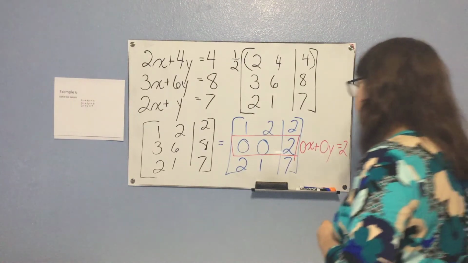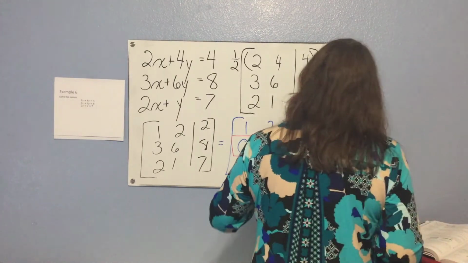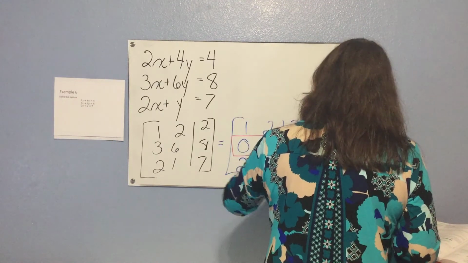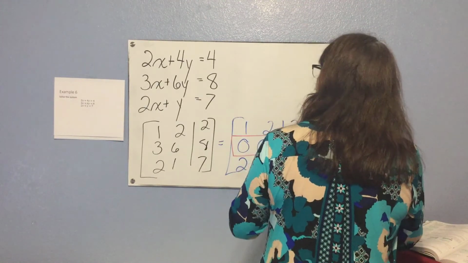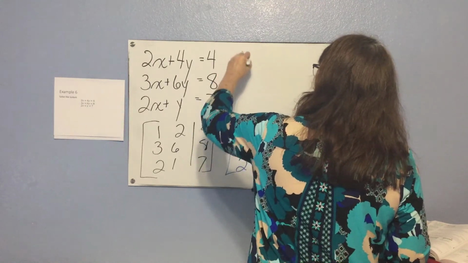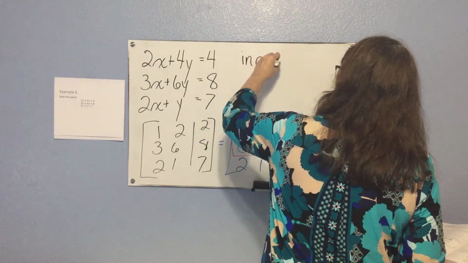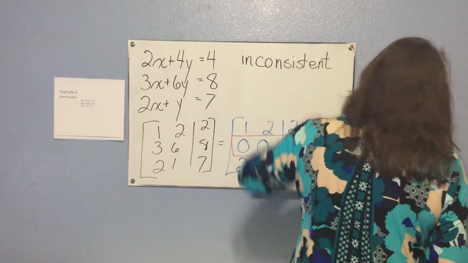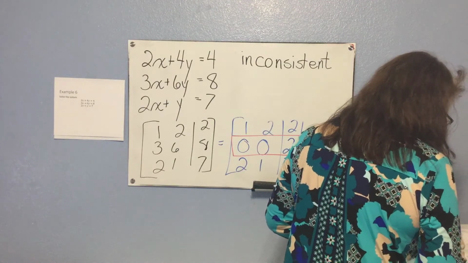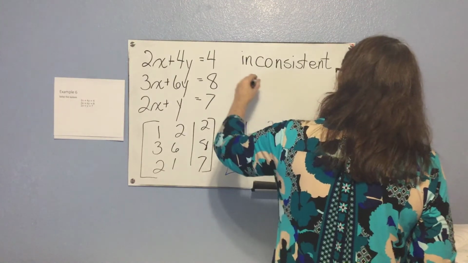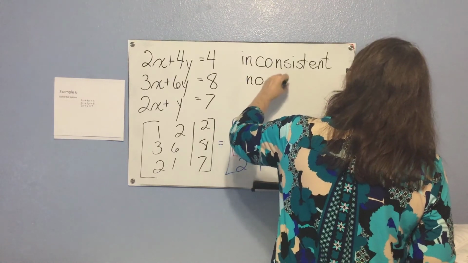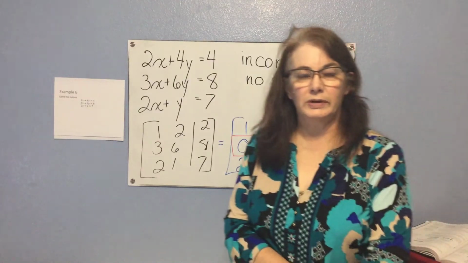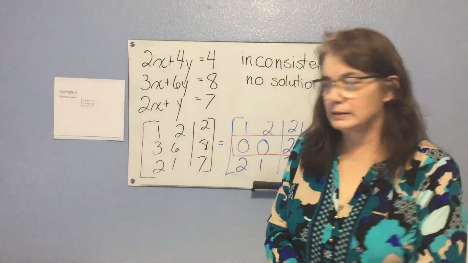So we can say that this is an inconsistent system, which in our last section we said represented parallel lines. At least two of these lines are inconsistent. So there's no solution here. Pause the video now and work on checkpoint 8.